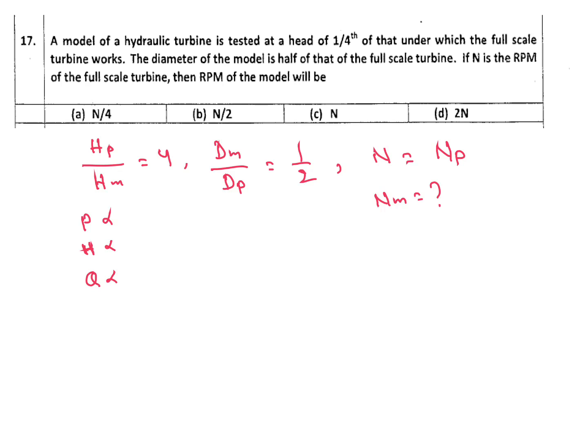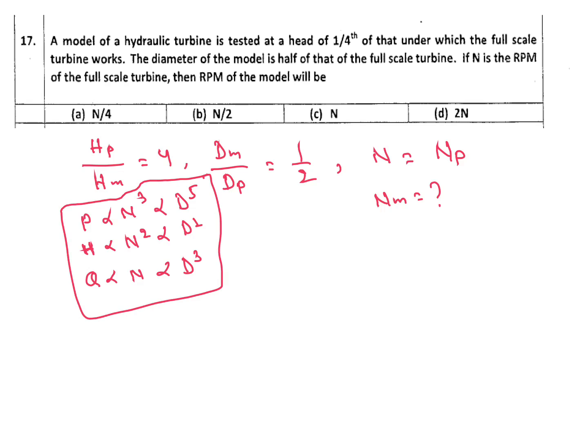Discharge is proportional to n, head is proportional to n square, power is proportional to n cube, and discharge is proportional to d cube, head is proportional to d square, power is proportional to d to the power 5. This is very important for all examinations. In this question you will use this one.